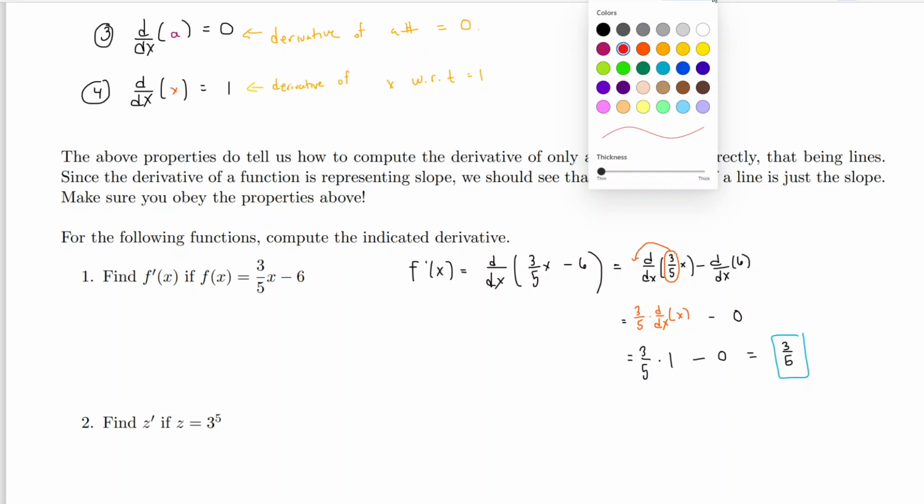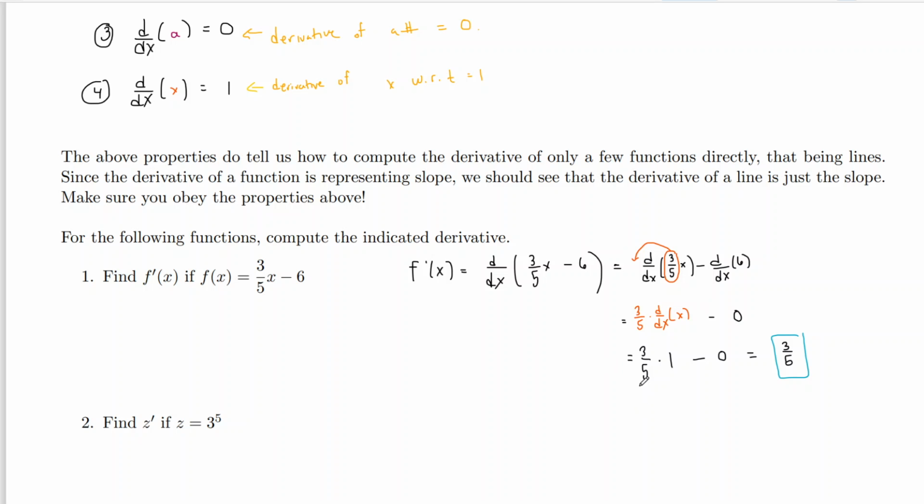Now, one thing I like to do with these examples at first is really compare them to the beginning. Okay, so why I wanted to actually leave the 3 over 5 times 1 minus 0 there is I wanted to compare it to just your function. Notice here that if I had skipped some steps, I know with derivatives, I'm just going to leave numbers that are multiplying functions with x, so just x by themselves.